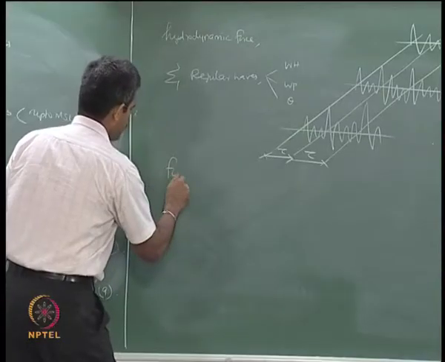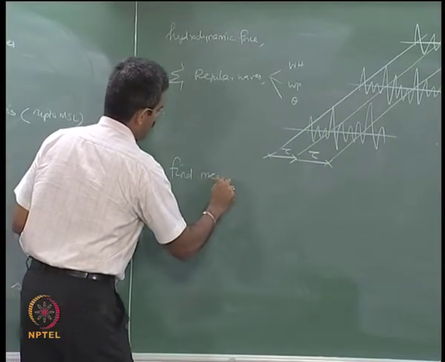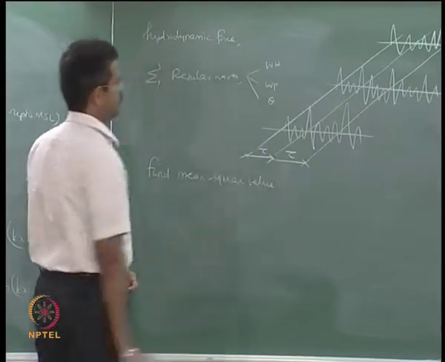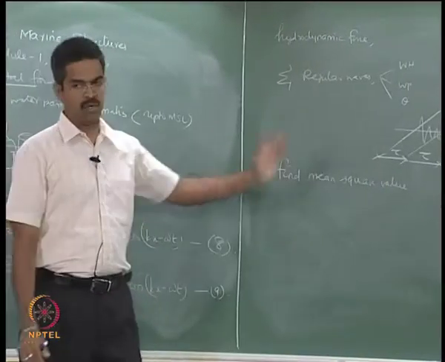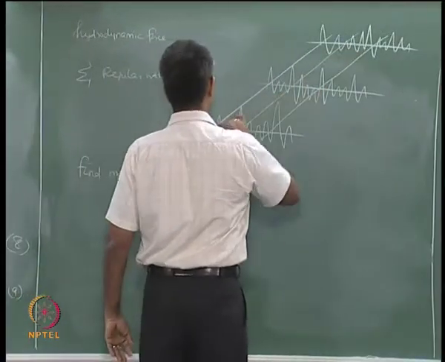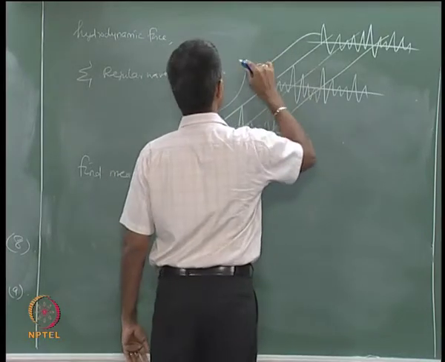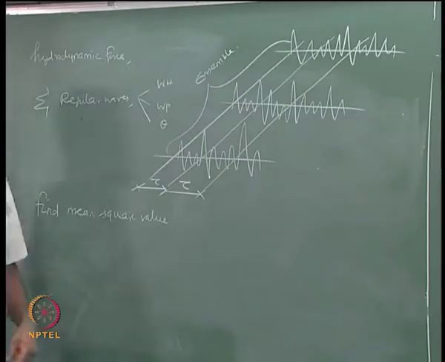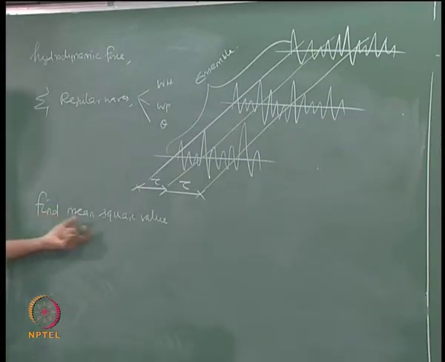Now I find the mean square value of the record. These records are what we call an ensemble. I try to find the mean square value of these records.